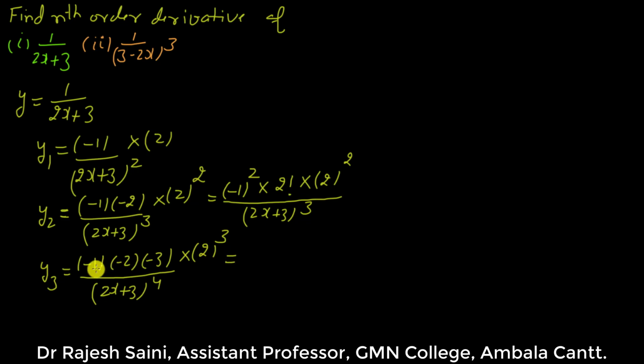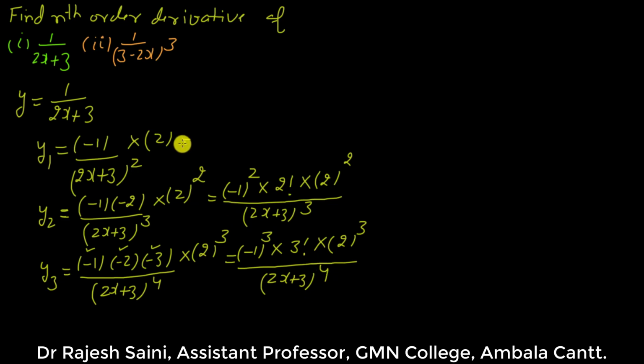Now can I write it something like 1 minus, 2 minus and 3 minus? So can I write it as minus 1 raised to the power 3? And 1 into 2 into 3 is nothing but 3 factorial, and this will be the same, 2 raised to the power 3, divided by (2x plus 3) raised to the power 4.